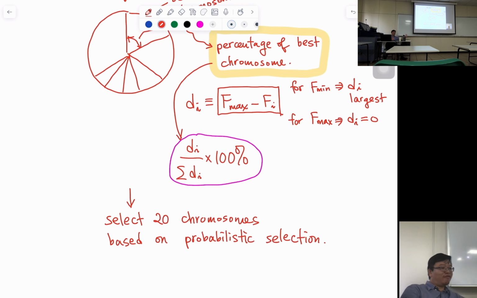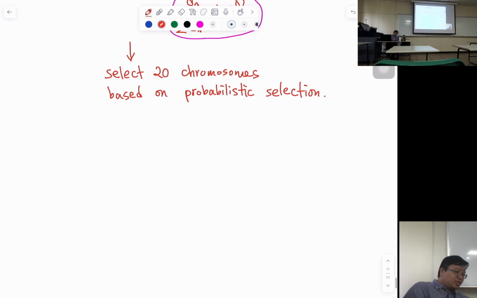It's okay. If the same chromosome is chosen twice, that's totally fine. Okay? So once you're done, you will have 20 newer chromosomes. Maybe some of them are duplicated. They are the better ones. And some others are not even chosen because they are pretty bad. Okay? So now you have 20 of them.